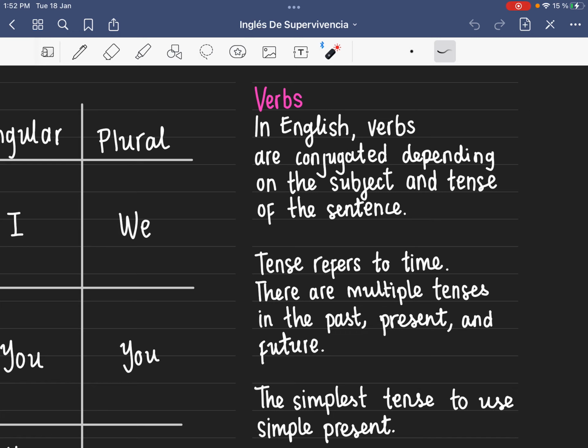However, today we're only going to study one tense, the simplest tense to use, which is called simple present. Sin embargo, hoy solo vamos a estudiar un tiempo verbal, el tiempo verbal más fácil de usar, más simple, que de hecho se llama presente simple. Entonces, es un tiempo en el presente y a este tiempo le decimos presente simple, ¿ok?